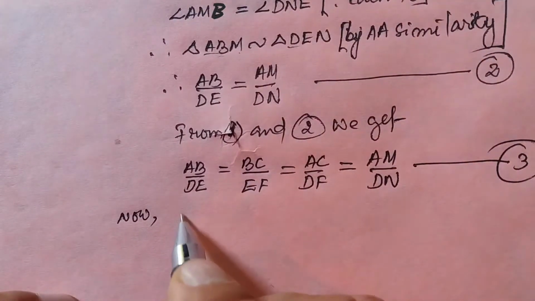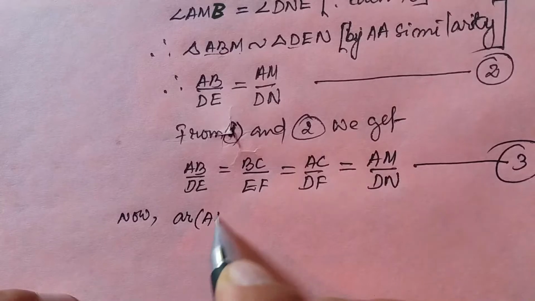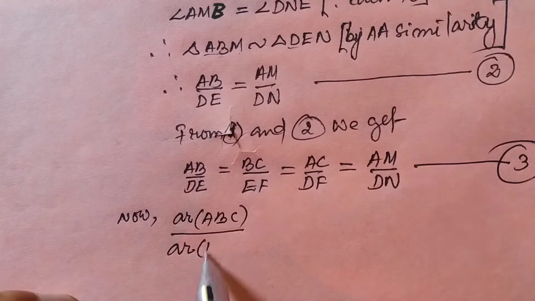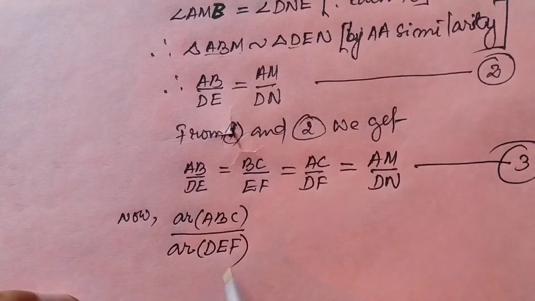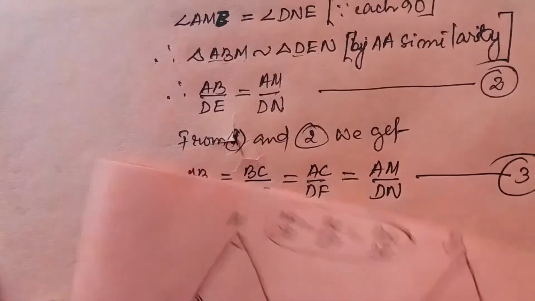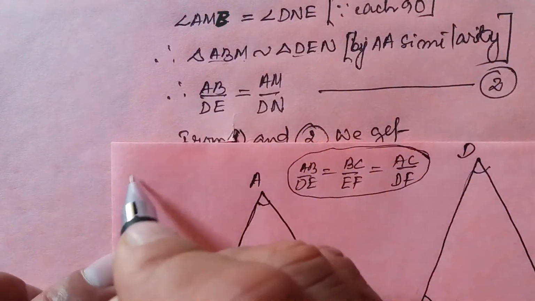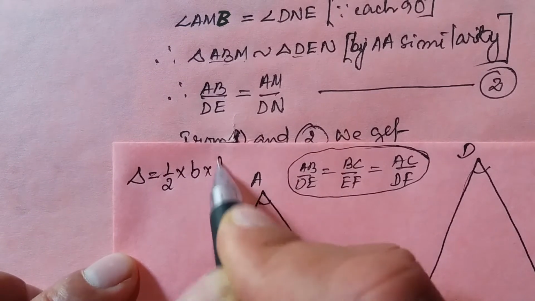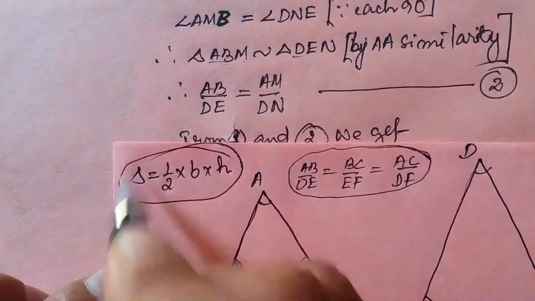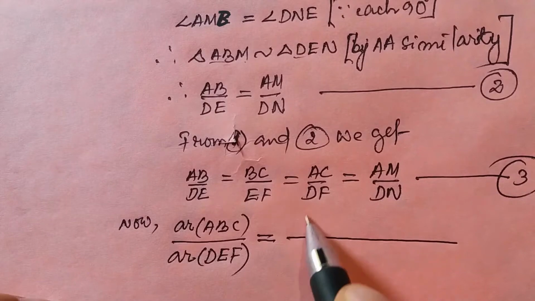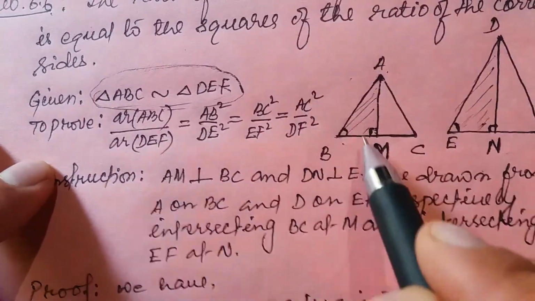So the third step is area of triangle ABC divided by area of triangle DEF. This is equal to, we're taking the ratio now. We all know that the area of a triangle is half into base into height, perpendicular here. So area of triangle ABC is half into base, we're going to take BC.